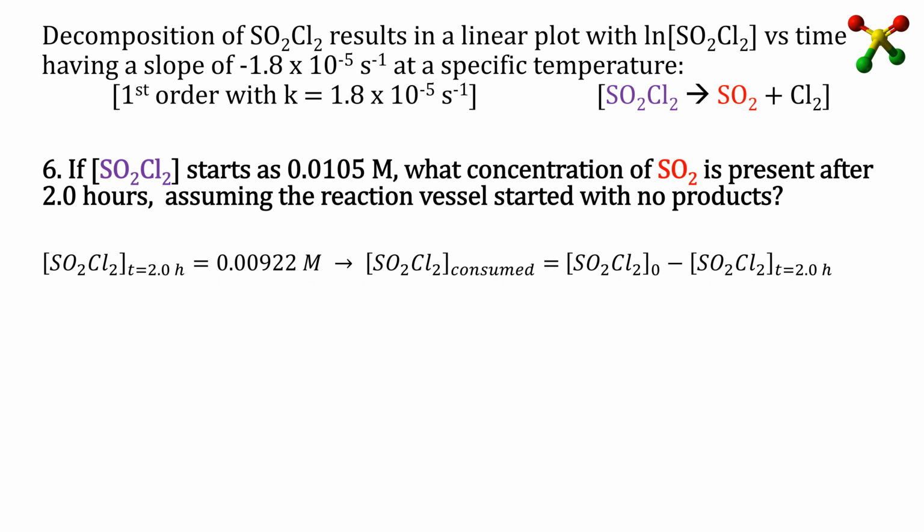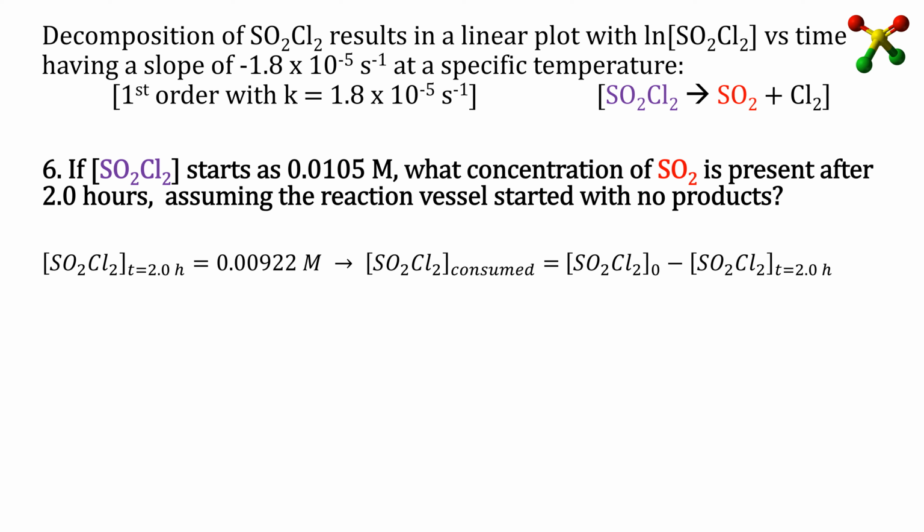Our sixth and final problem is, if SO₂Cl₂ concentration starts at 0.0105 molarity, what concentration of SO₂ is present after 2 hours, assuming the reaction vessel started with no products? We recognize that our SO₂Cl₂ concentration at time equals 2 hours is equal to 0.00922 molarity as calculated in the previous step.